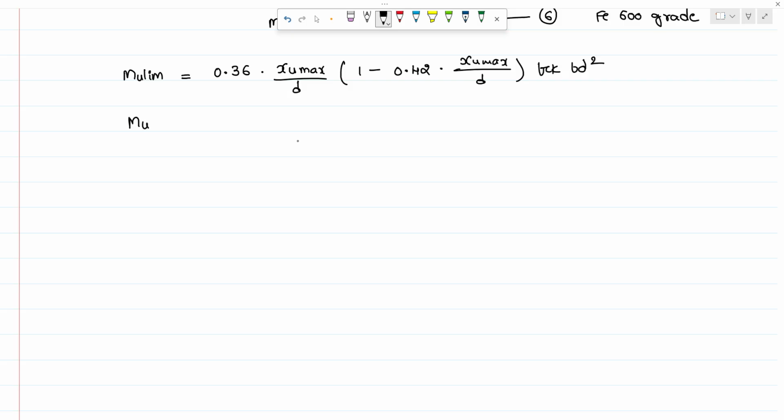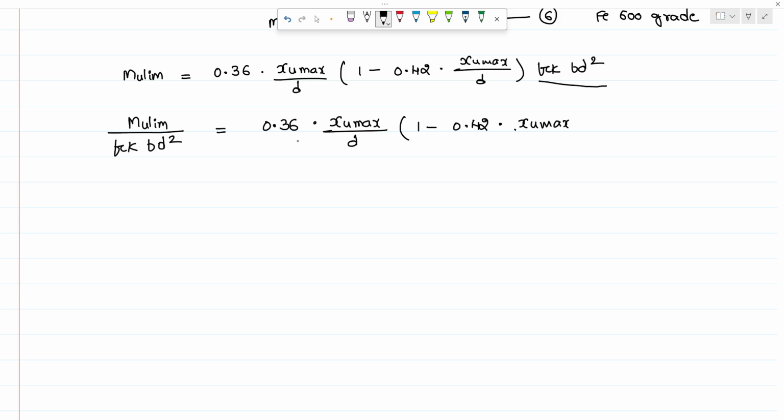So here, mu limit divided by FCK BD square, I will take FCK BD square in the denominator, equals 0.36 XU max divided by D into 1 minus 0.42 into XU max divided by D. Clear? So this is your equation number 1.